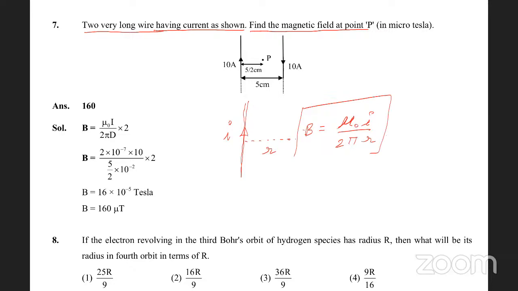If you apply this formula, the direction of the magnetic field at the point is the same, so you should add. Applying this formula, you get the magnetic field as 160 microtesla. That is the magnetic field due to current I1 plus that due to I2.